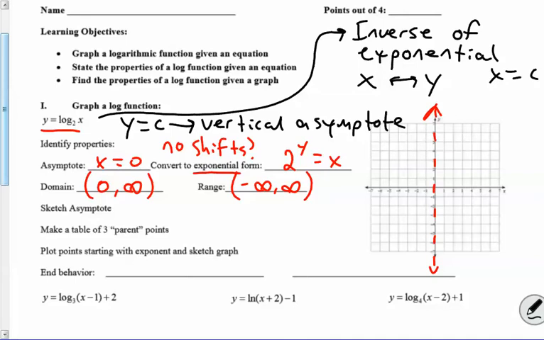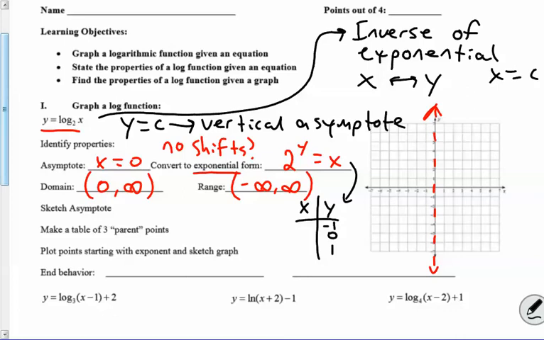So by parent points, I'm taking this exponential form and making a table of 3 values, but I'm starting with y, since it's the inverse of exponentials. So I want to see what x equals when y is negative 1, when y is 0, and when y is 1.